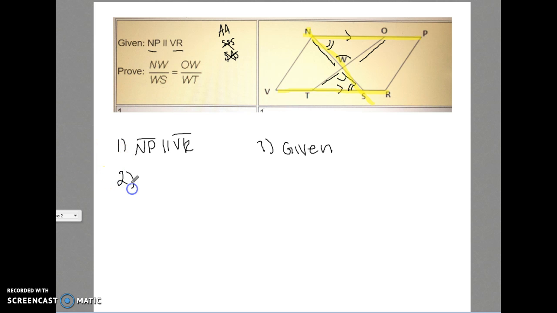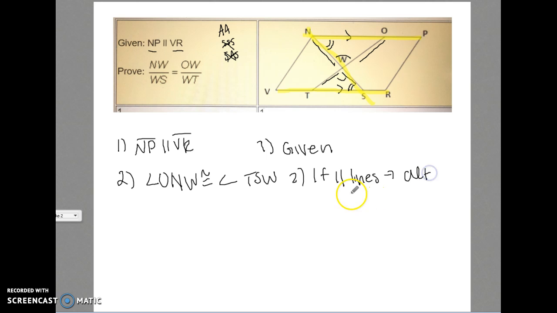That's like saying you have angle ONW congruent to TSW. And the reason for that, remember, is that if you have parallel lines, then alternate interior angles are congruent. So that's one of my angles.